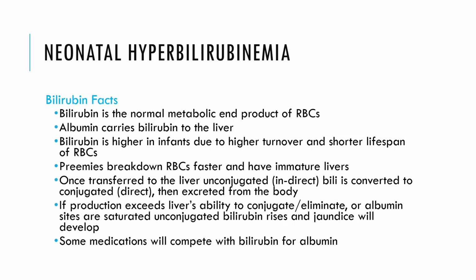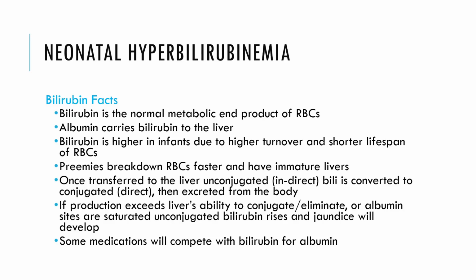Albumin carries the bilirubin to the liver. We talked about that. Bilirubin is higher in infants due to the high turnover and shorter lifespan of red blood cells. Preemies, again, break down red blood cells faster and have immature livers. Once transferred to the liver, unconjugated, or indirect, bili, and we'll talk about those two terms later, is converted to conjugated, or direct, bilirubin and then can be excreted from the body.